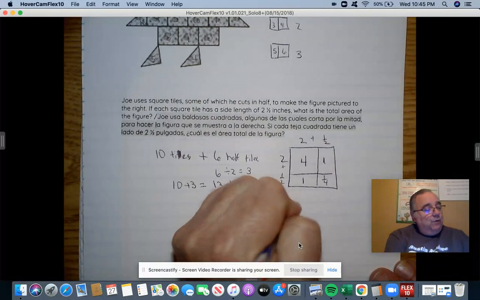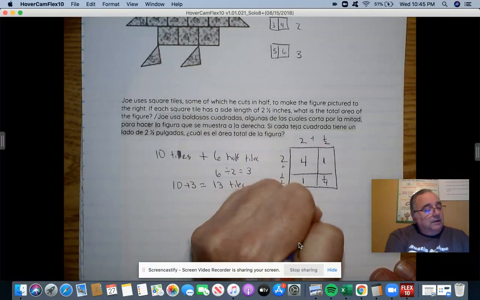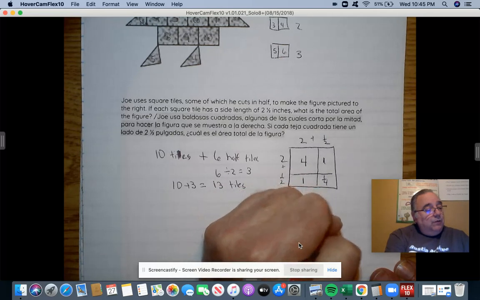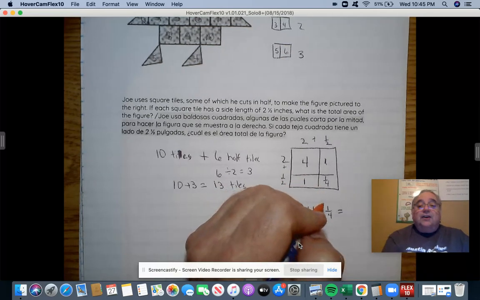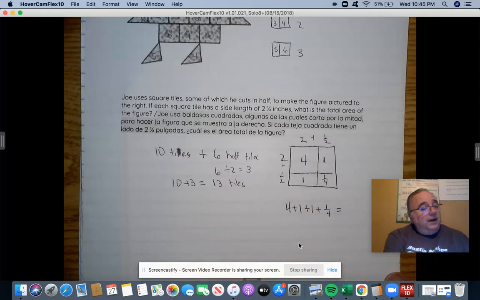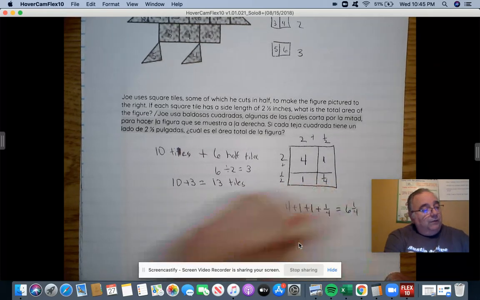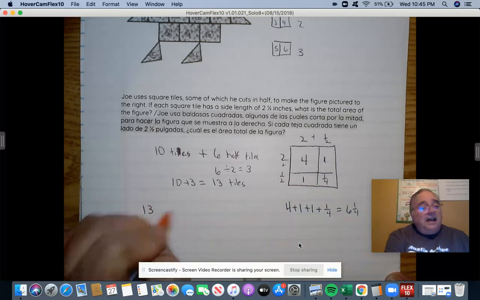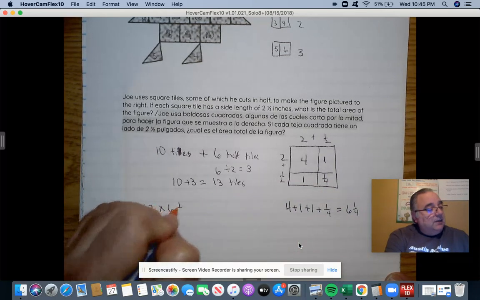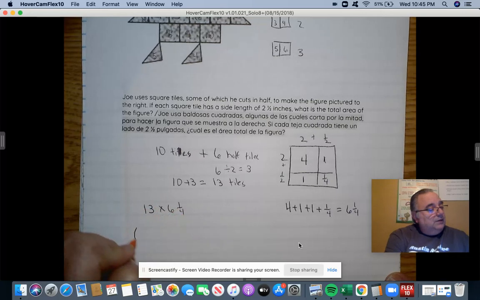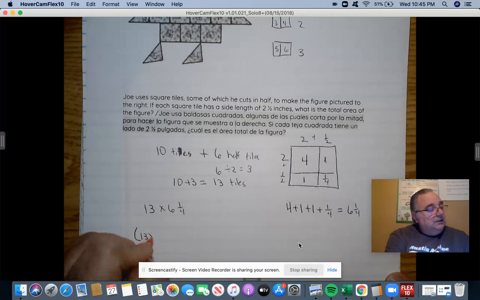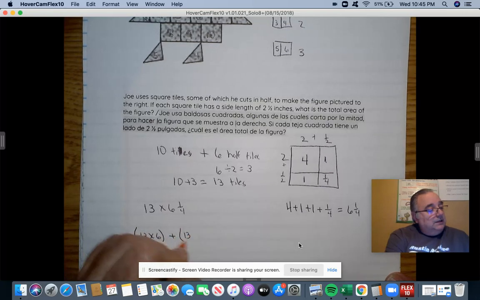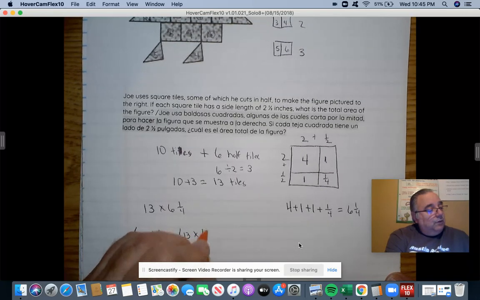We have 4 plus 1 plus 1 plus 1/4 equals, and I heard it out there, you are correct, 6 1/4. So I'm going to multiply the 13 whole tiles that I have times 6 1/4. How do I do that? 13 times 6 plus 13 times 1/4.